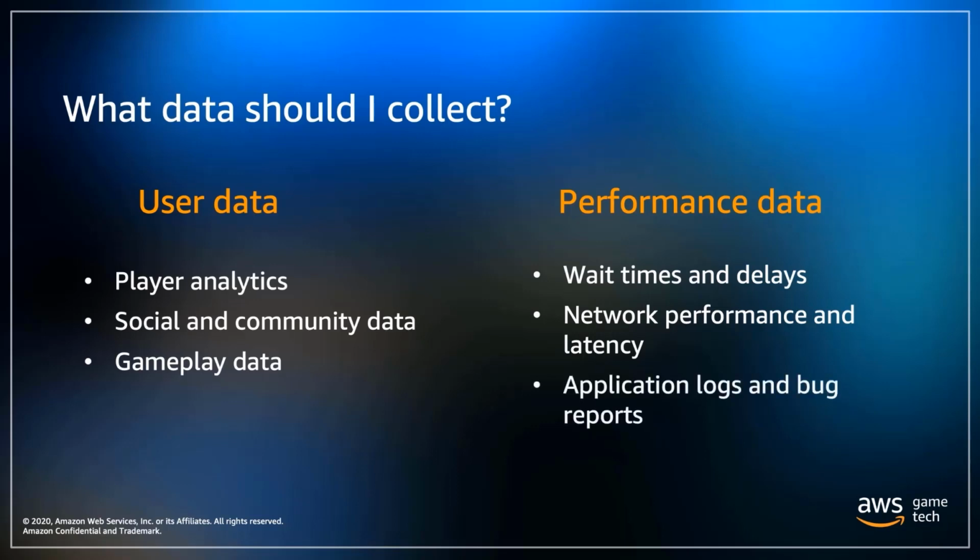And then finally, application logs and bug reports. When you experience errors or bugs, you'll want to have a way to analyze this and remediate the issues as fast as possible. So ideally, you want to collect all of this data and more. Understanding what data to collect and how to collect it is the first challenge.